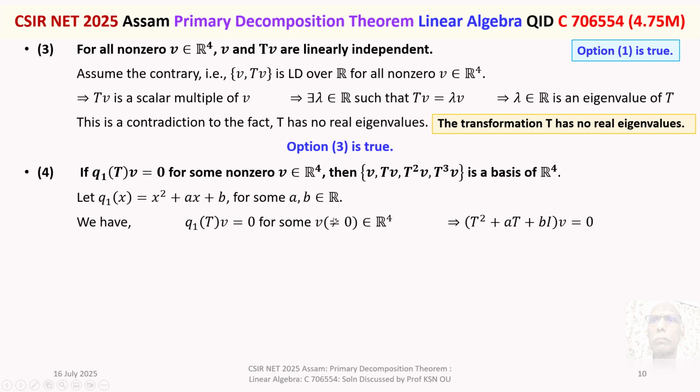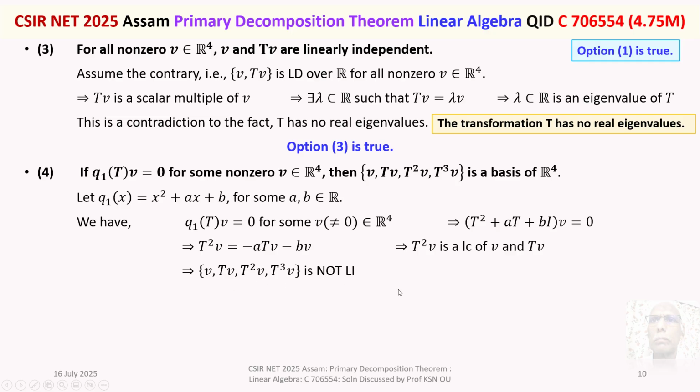Yes, this is true from option 1 itself. So that means T squared of V is minus a times T of V minus b times V. That means T squared of V is a linear combination of V and TV. So thereby the set consisting of V, TV, T squared V, T cubed V is not linearly independent.